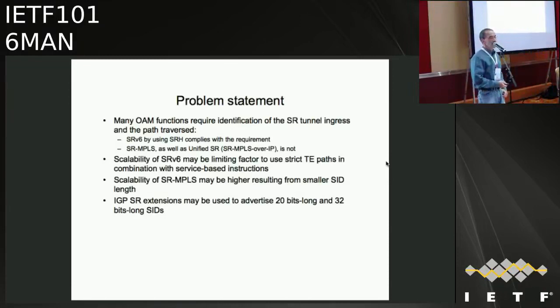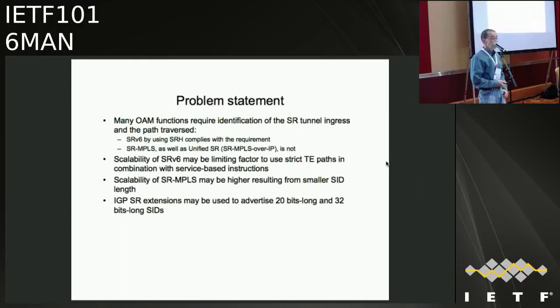Okay. So what is the problem, and why did this draft come about? Many OAM functions require identification of not only the source but the path used, and that's especially important in segment routing.